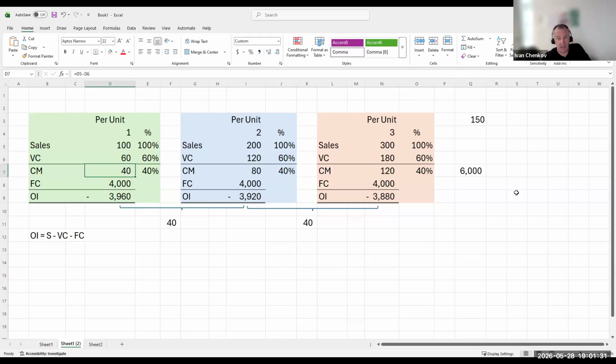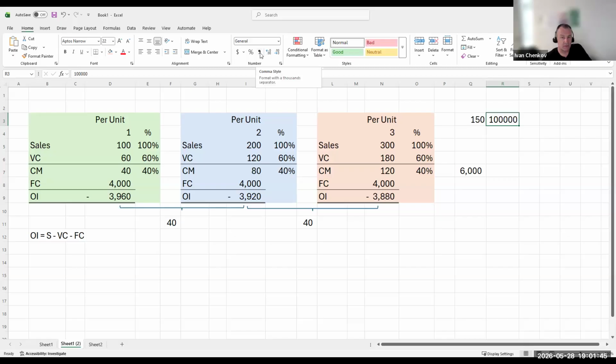That's one thing. The other thing is, if I know my contribution margin is 40%, if my total sales are equal to $100,000, can you tell me how much will be my contribution margin? Now let's think about it. How hard will that be? If my sales are $100,000, I know that only 40% of my sales belongs to contribution margin.